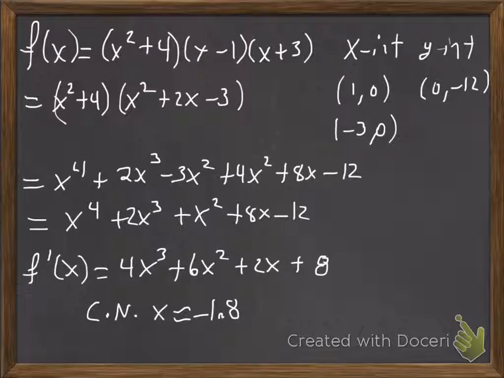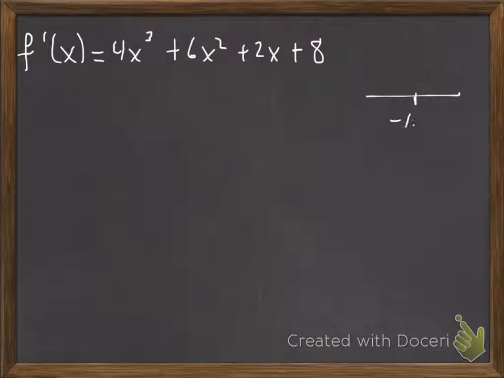From there, I'd like to test on either side of negative 1.8 to look for increasing, decreasing behavior. So that's what we're going to do here. I'm just going to write our derivative here, and we're going to test around negative 1.8.